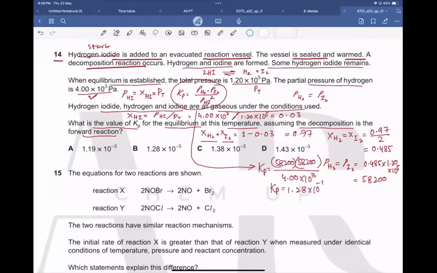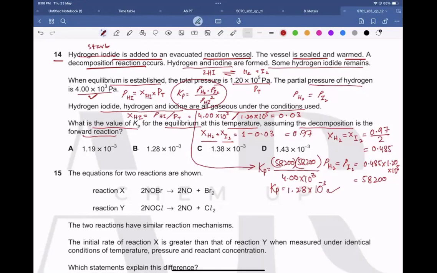Can anyone confirm it? So it's this, 1.28 × 10^3.